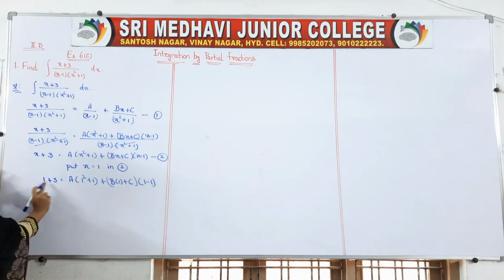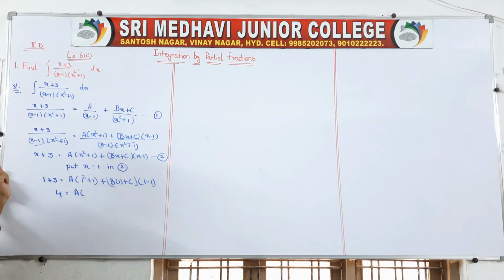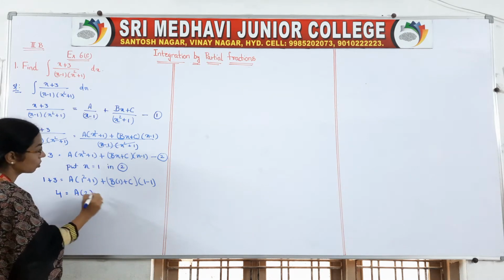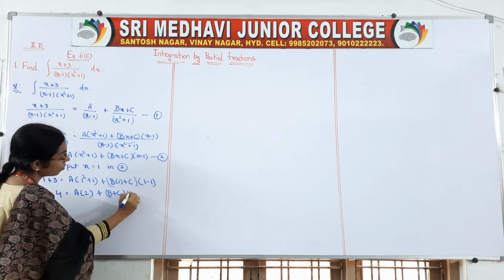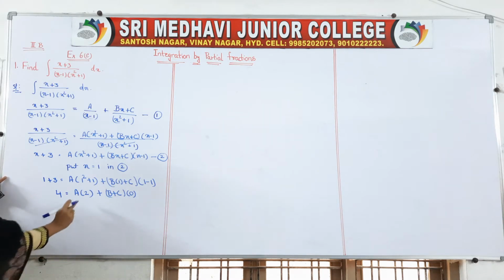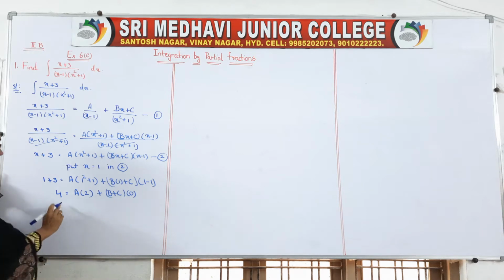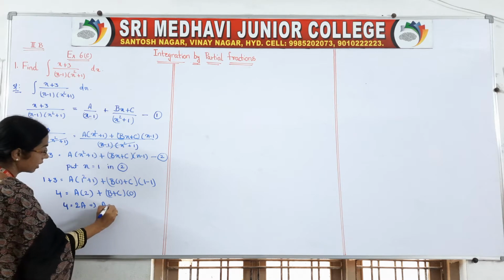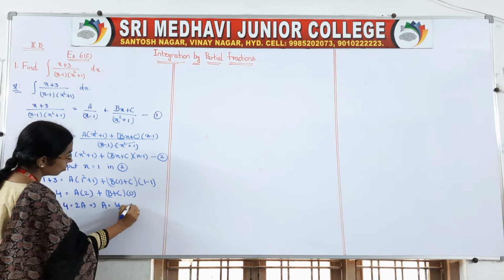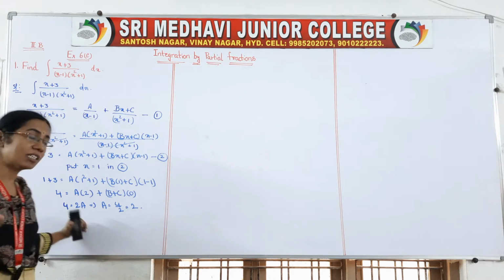So 1 plus 3 is 4, is equal to a into (1 square is 1, 1 plus 1 is 2) plus (b plus c) into (1 minus 1, which is 0). 0 into (b plus c) will be 0 only, right? So 4 is equal to 2a, which implies a is equal to 4 by 2, which is 2. You got your a value. Now select another x value so that we can get another value.